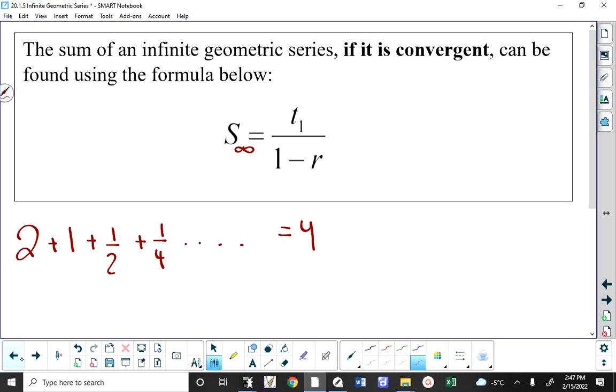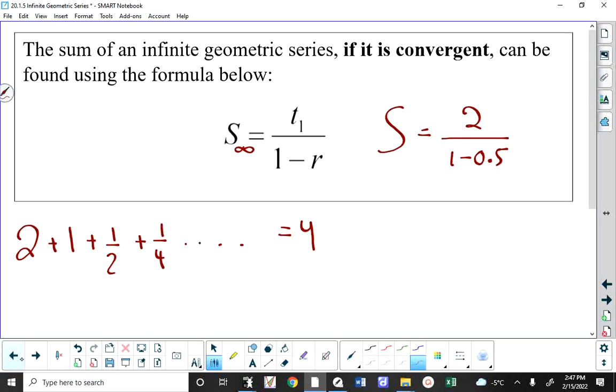It's convergent, which means we could use this formula. The first term over 1 minus the common ratio. Figure out what 2 over 1 minus 0.5 is. It's 4, isn't it? Well, that's the sum.